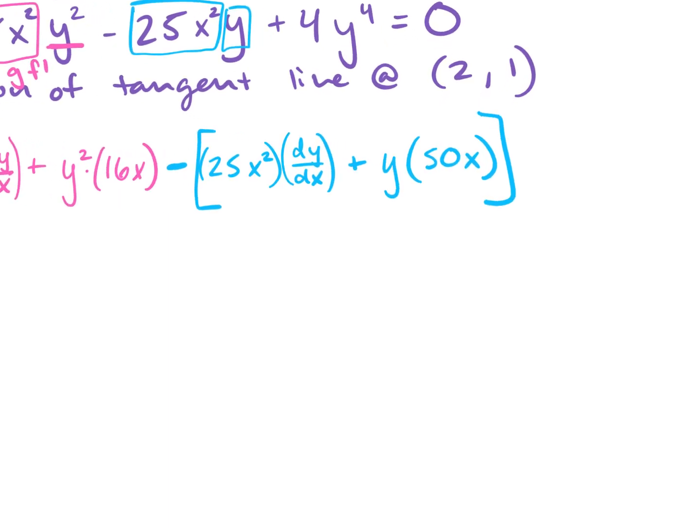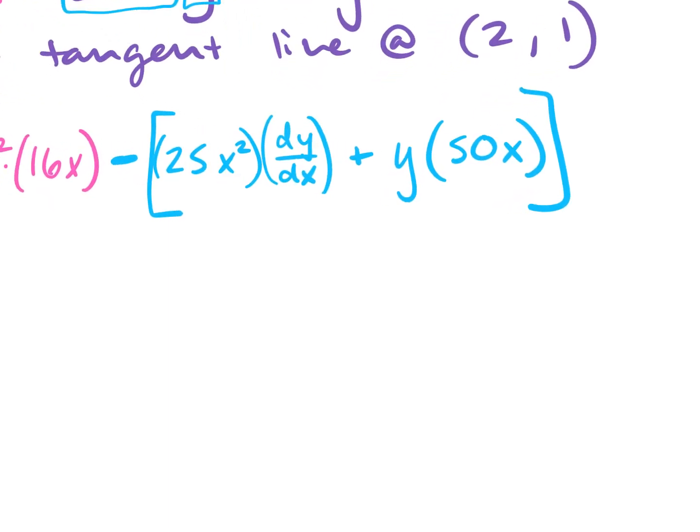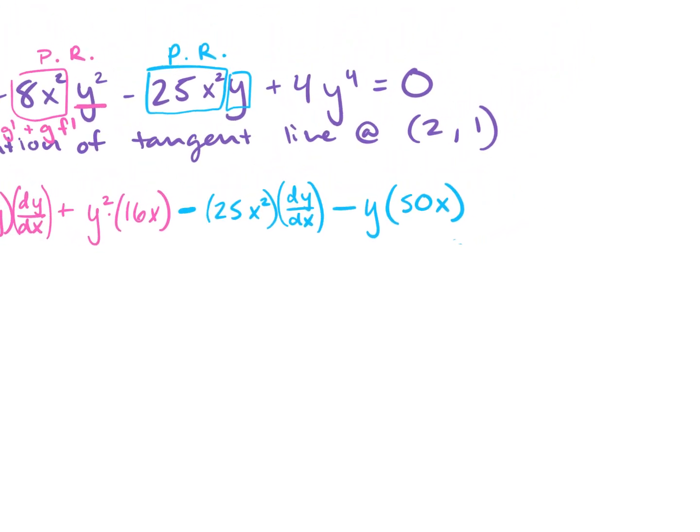We really only have two terms in there, so I can get rid of my brackets and just distribute the negative to both terms. And then plus, what's the derivative of 4y to the 4th power? 16y to the 3rd dy/dx. Perfect. Equals 0.